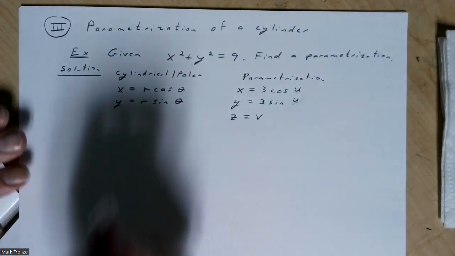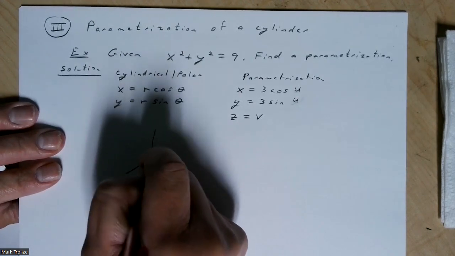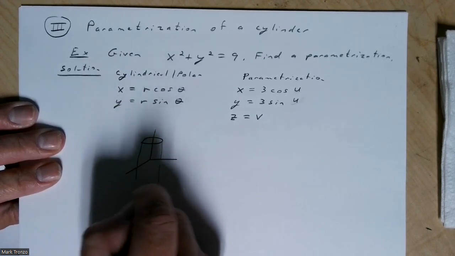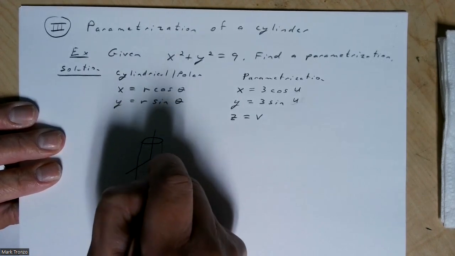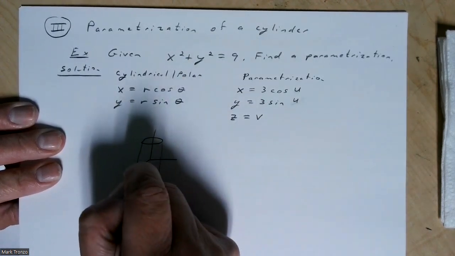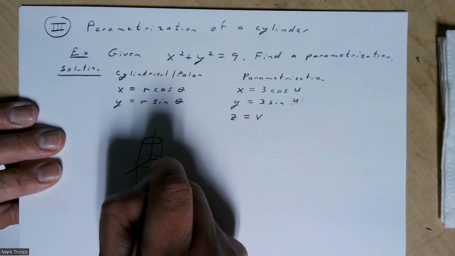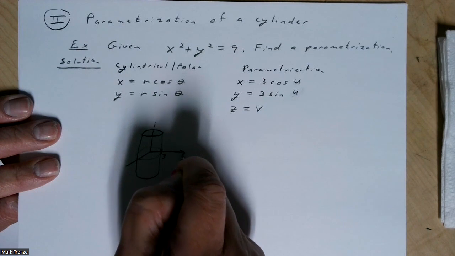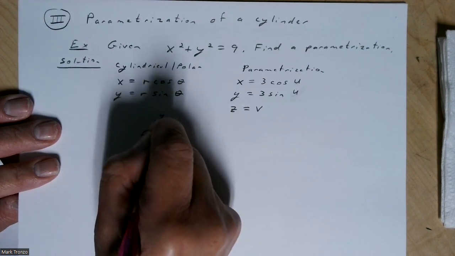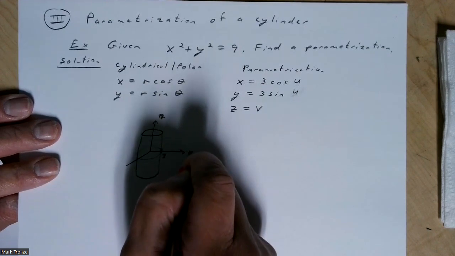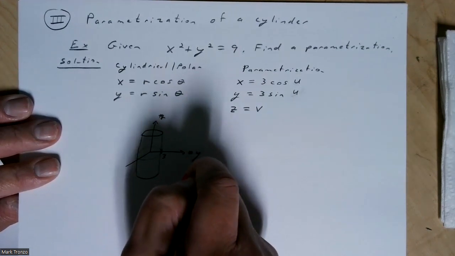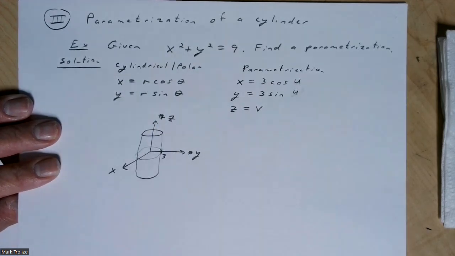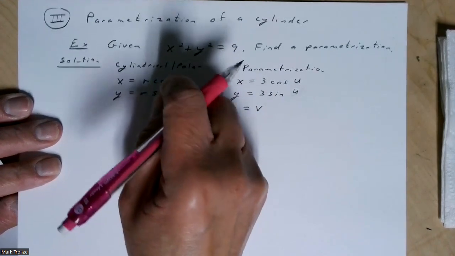Again, this is going to be a cylinder that opens up along the z-axis, kind of like this. And obviously the radius is 3. So it could be something like this, and we would get something roughly like this.